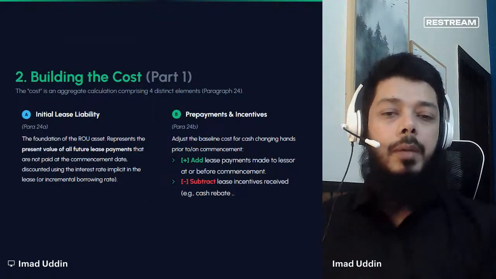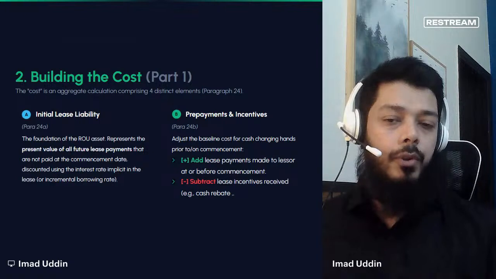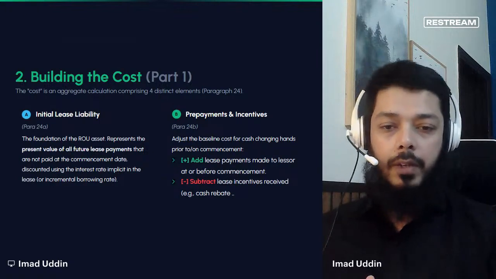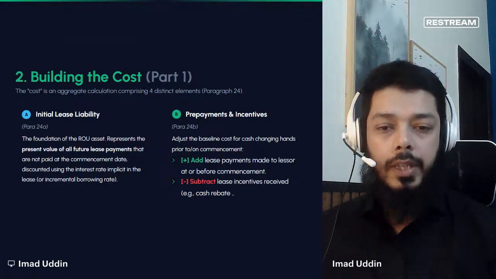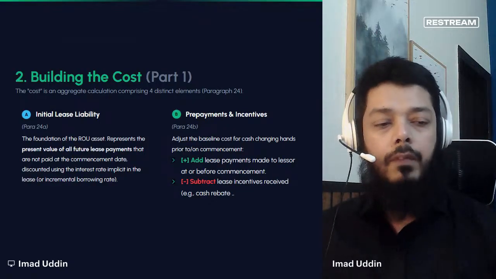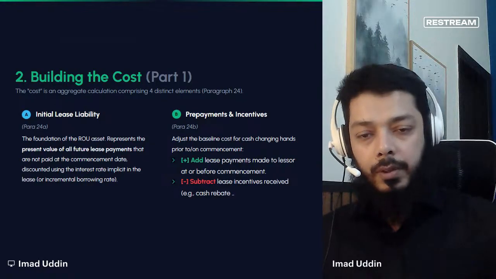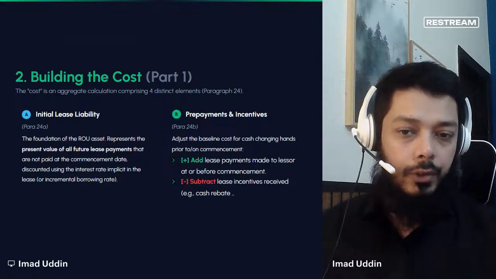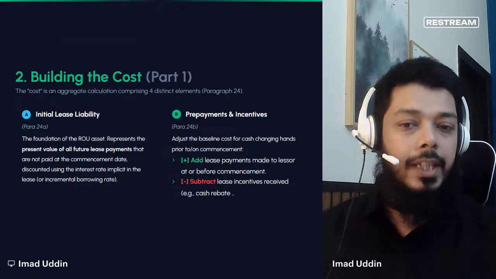Now, what components are built into the cost of the right of use asset? First of all, the foundation of the right of use asset is the initial lease liability, which means all the future payments the lessee is expected to make to the lessor, all the lease payments basically.